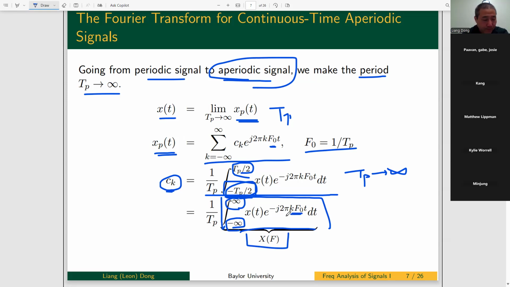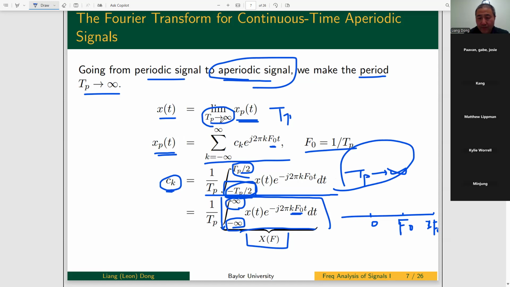So if you think about this discretization in the frequency domain, 0, F0, and 2F0, this discretization in the frequency domain. Now with this condition, what about the distance between here and here? What about F naught?